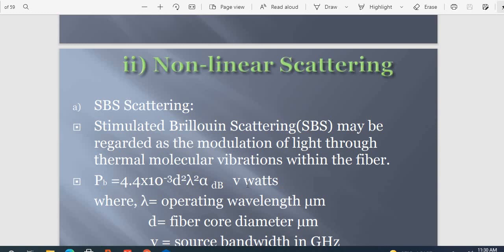Non-linear scattering is because of SBS scattering, students. SBS stands for stimulated Brillouin scattering, which may be regarded as modulation of light through thermal molecular vibrations within the fiber. So it occurs only inside the fiber.